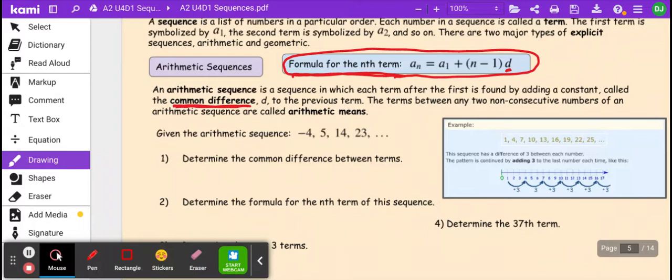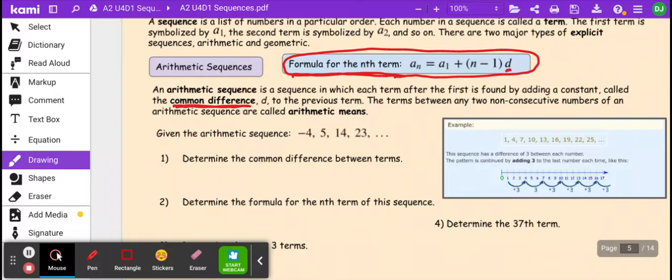All right, I've got everything figured out in the formula. Let's actually see again how we're going to use this. So in the first part, you see that I have to find the common difference. To find the common difference, one of the easy ways, now obviously some of these are pretty easy, but if it gets a little more complicated, remember that common difference, of course, you're saying, well, what do I add to 5 to get to 14?